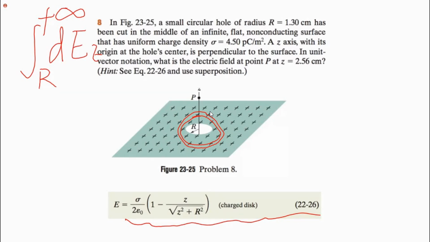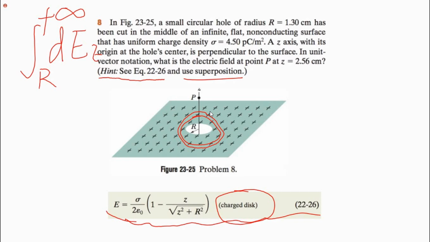A more convenient way is to take a look at the hint. We should use this equation and superposition. What is this equation for? This is the electrical field at point z if there is a charged disk filling the hole.